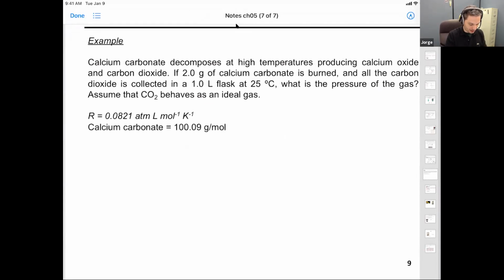Now, in this case, I'm giving you the mass of the reagent, attention to that, and telling you that the gas is going to be collected in a 1 liter flask at 25 degrees. And the question asks you about the pressure of the gas.